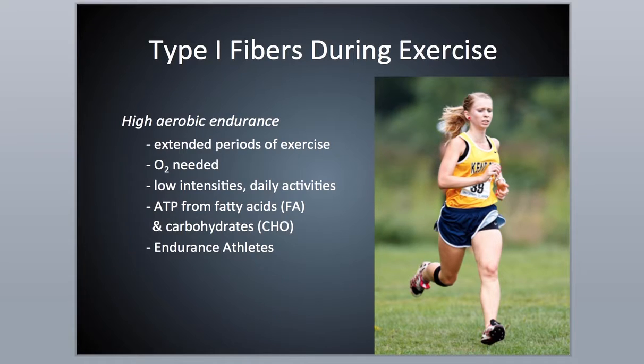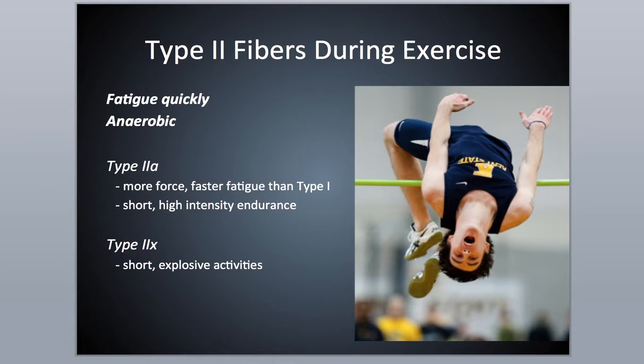So again, this is type 1 muscle fibers. They're going to be good for endurance athletes. Having a high number of type 1 muscle fibers is good for endurance athletes because, again, it's good for aerobic exercise. Now, the type 2 muscle fibers, on the other hand, these are going to be good for explosive type events, such as high jumping, long jumping, something that's going to be really quick.